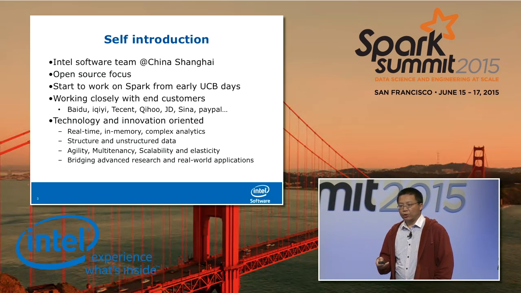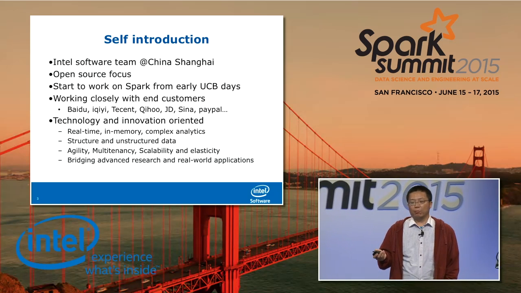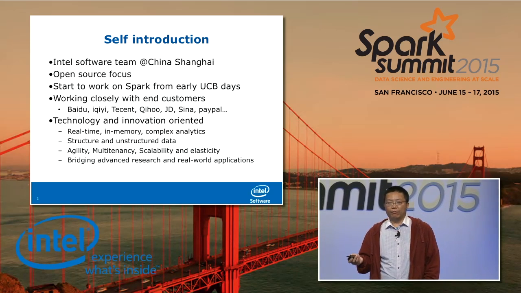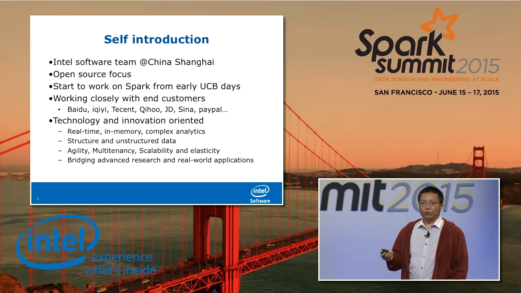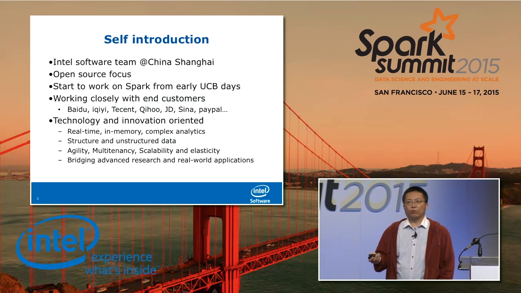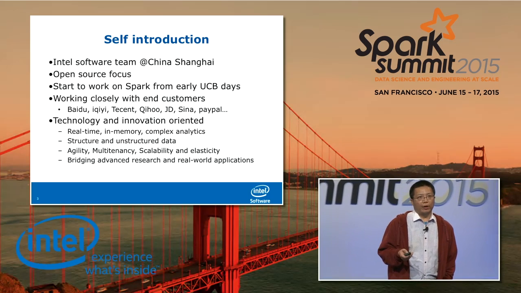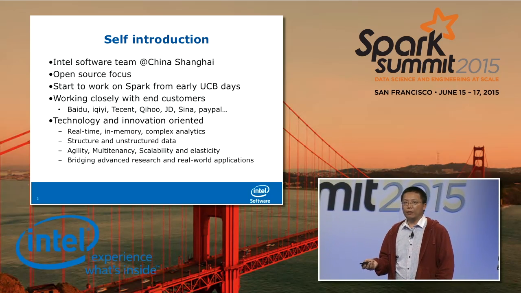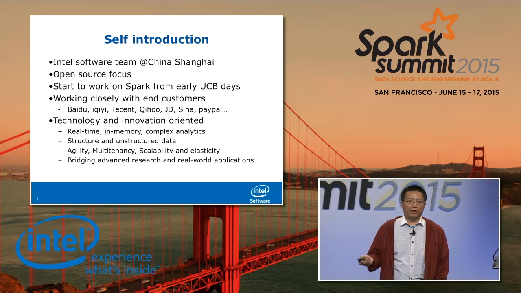We are trying several different things. We are working on real-time in-memory technology. That's one thing we are focused on. And we're trying to do a better job processing both structured and unstructured data. We also have some team working on the cloud part, because our customers are really looking for how to manage their data center, and how to integrate their big data cluster with their existing web server and database cluster together.